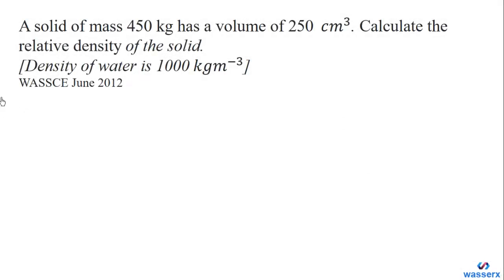A solid of mass 450 kg has a volume of 250 centimeter cube. Calculate the relative density of the solid. We were given the density of water to be 1000 kilogram per meter cube. This question is from WASSCE June 2012.